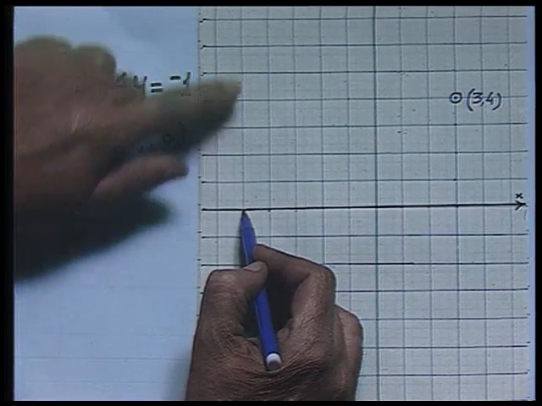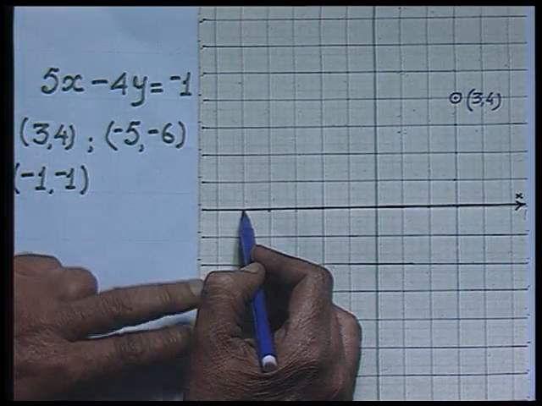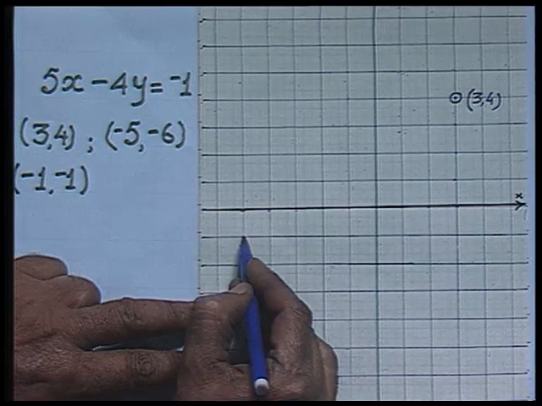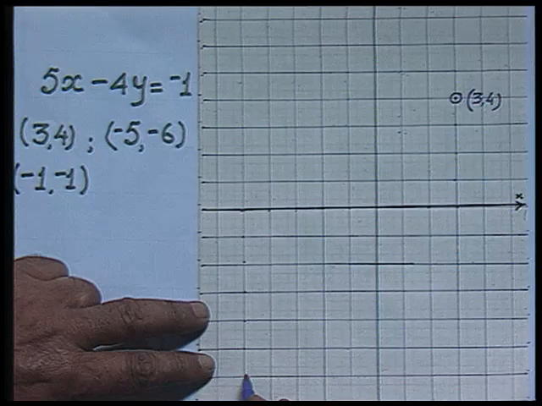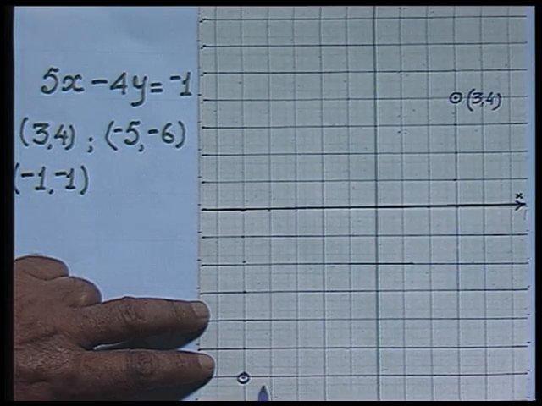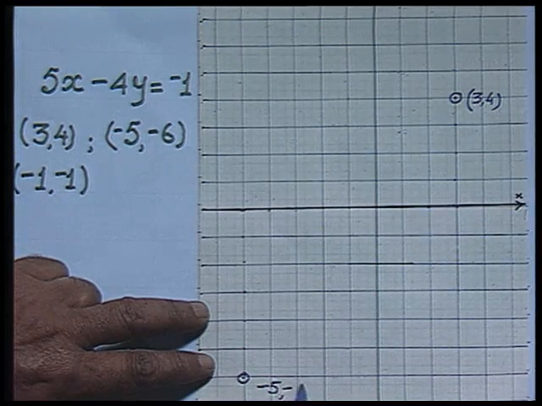Do I move upwards or downwards? The upward direction is taken as positive and downwards will be taken as negative. So I will go down, 1, 2, 3, 4, 5, and 6. So this is another point whose ordered pair is minus 5 and minus 6.